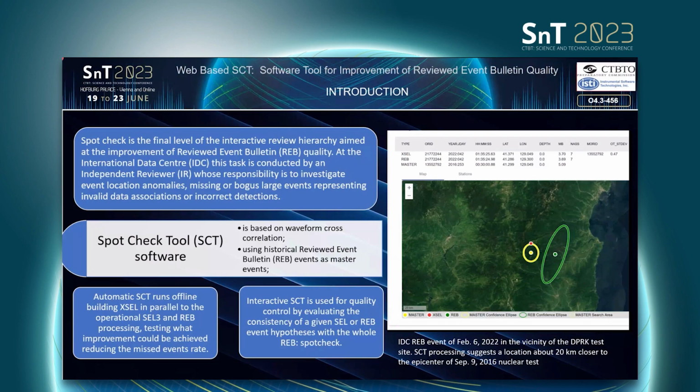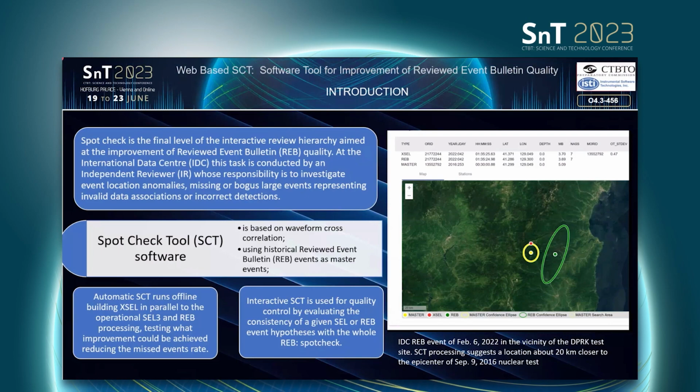Now, the next idea is that the cross-correlation event building procedure follows the IDC event definition criteria. And this following of the event definition criteria allows us to say that our cross-correlation is useful for spot checking.